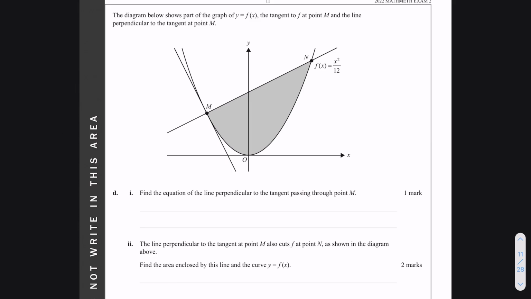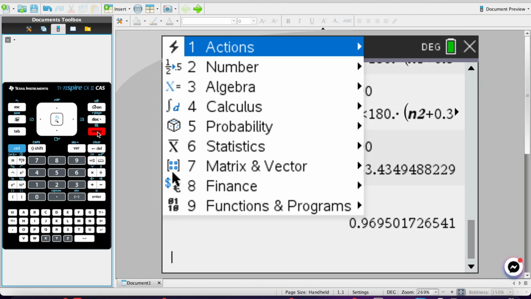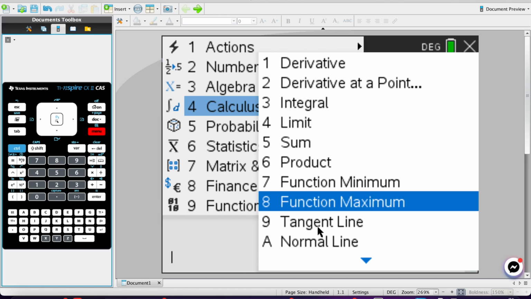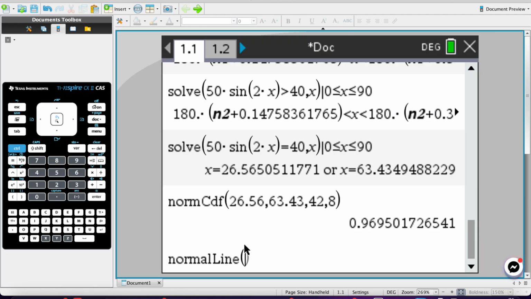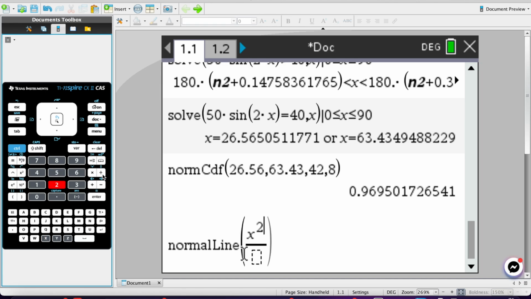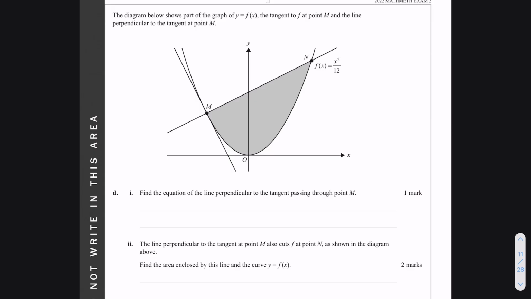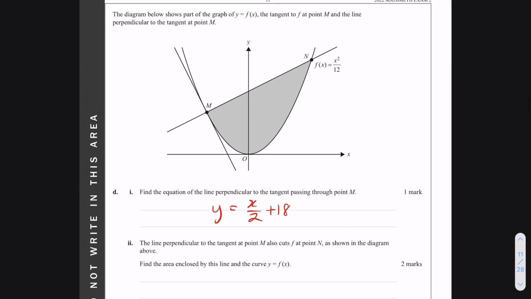So if we go to menu, calculus, normal line, the function we want is x squared over 12, comma x, and we want that at negative 12. And that gives us x over 2 plus 18. And it's an equation, so you need to write y equals.